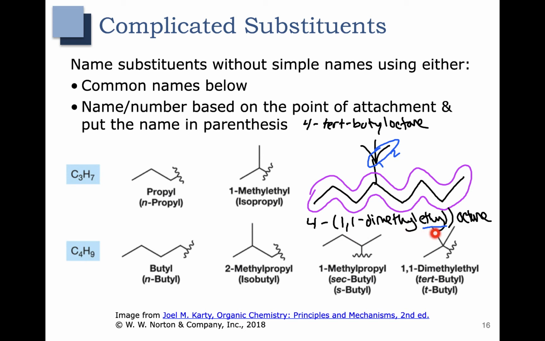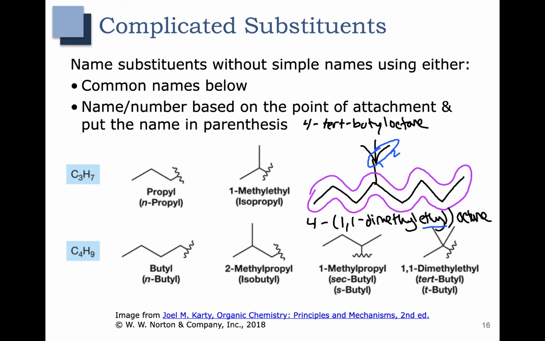And by putting this in parentheses, we're saying that all of this is attached to carbon 4 of the parent chain. If I ask you to name a molecule, you can use either approach, and Sapling should also accept either approach, but you should also be familiar with both forms in case you're given a name and have to draw a structure or identify a structure that's associated with that name.